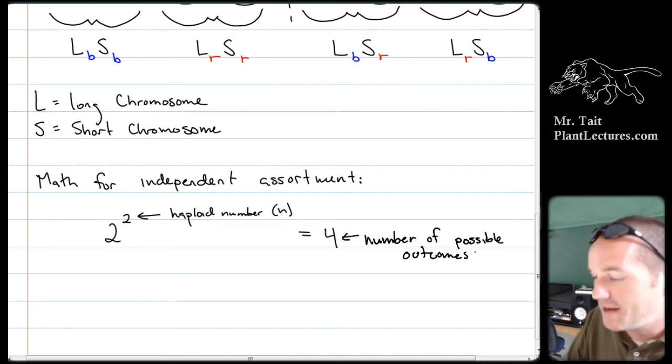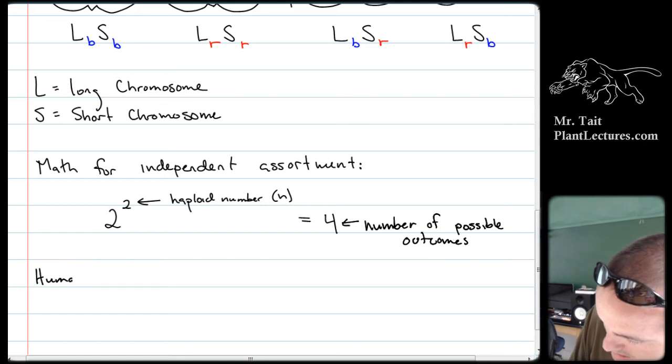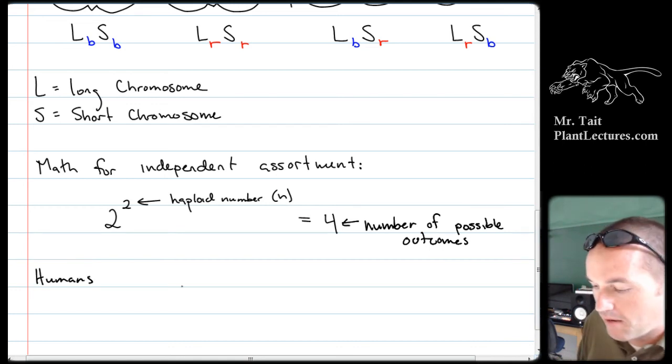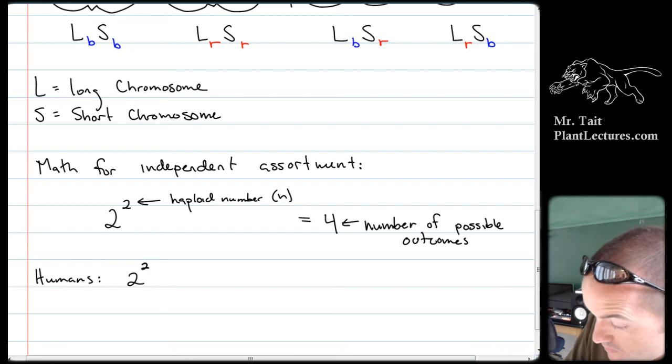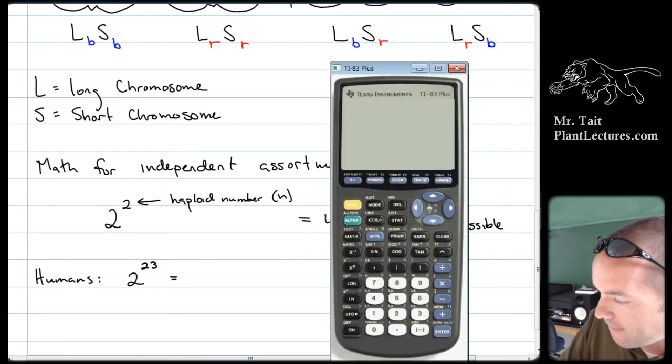And that's simple, right? But consider humans. Humans have a haploid number of 23, right? So we have to do 2 to the 23rd.